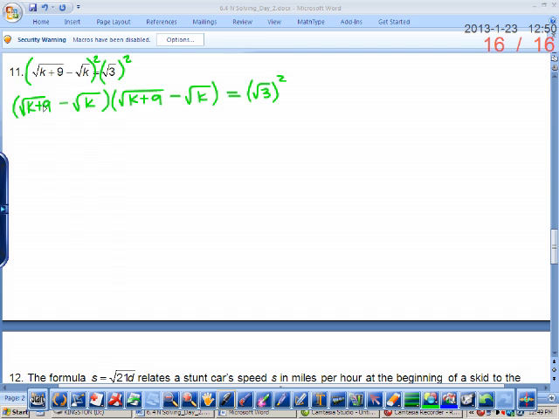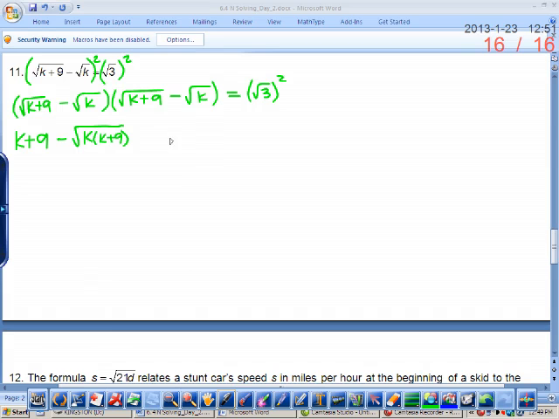Okay? The square root of k plus 9 times the square root of k plus 9. K plus 9. Okay, then I've got the square root of k plus 9 times negative root k. That would be minus the square root. You could either write it as k times k plus 9, or you can go ahead and distribute k squared plus 9k.